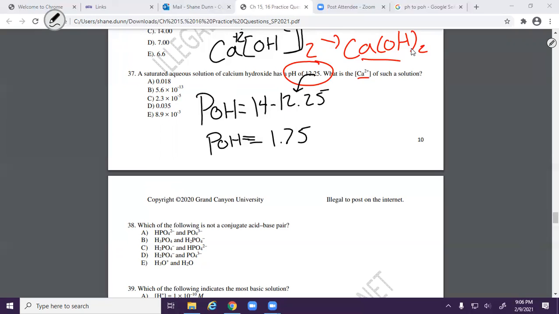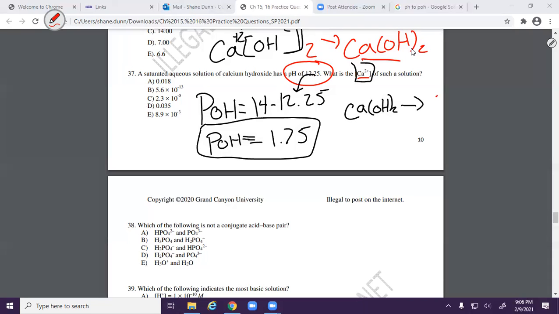What am I looking for though? I'm looking for the concentration of my calcium given this right here. So let's write this formula out. Ca(OH)2 breaks down to how many calcium ions? Nope, you're not there yet. This guy breaks down to this stuff right here.